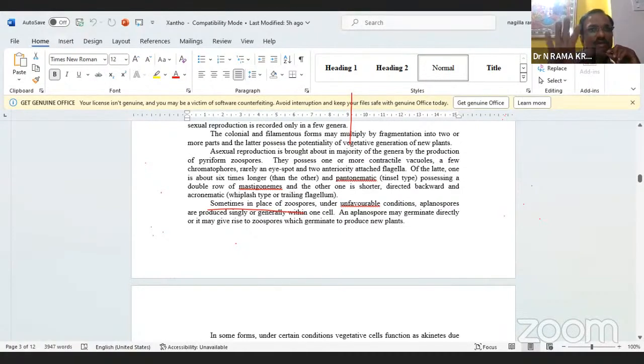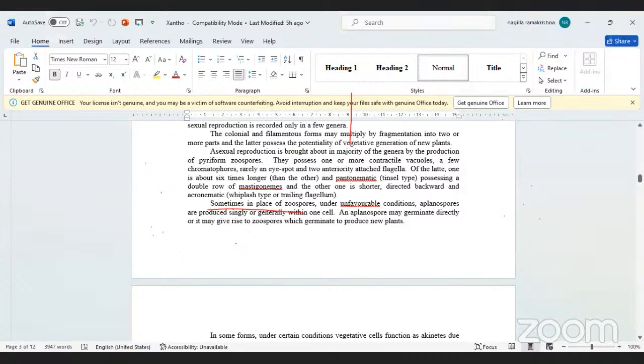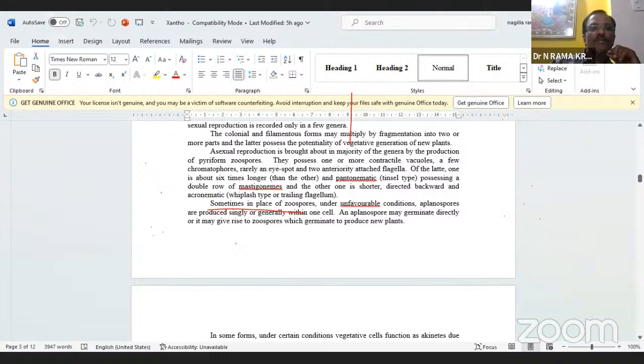So that's why this xanthophyte has a close association with chlorophytic algae. Do you understand all of this? Yes, sir.